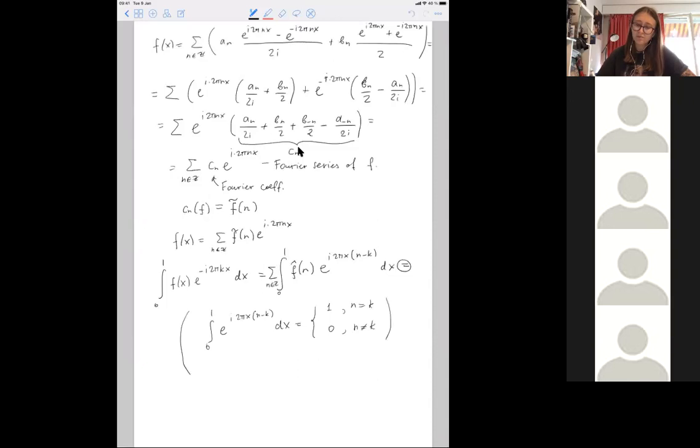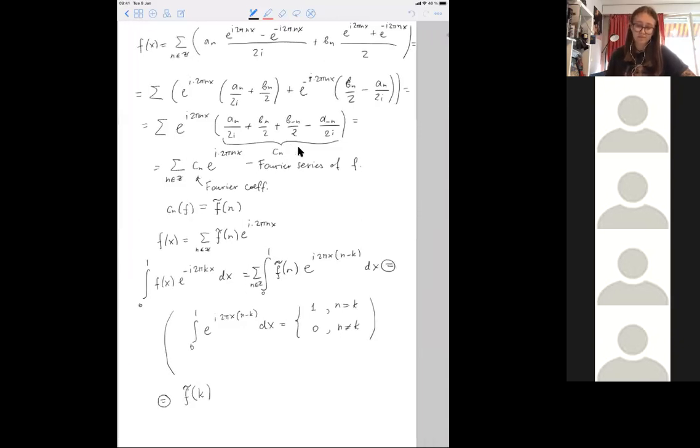So from this sum, the only integral that survives is the one where n equals k. So then what we get is f tilde of k, and hence we have our equation, which allows us to find the Fourier coefficients for the function f.